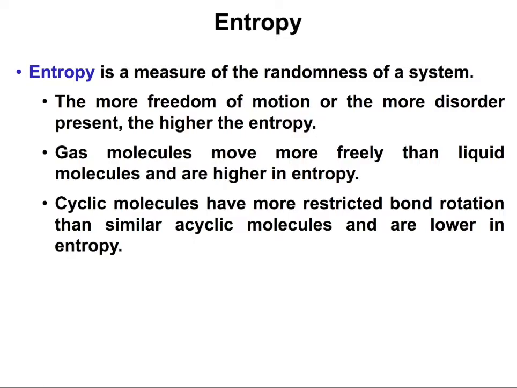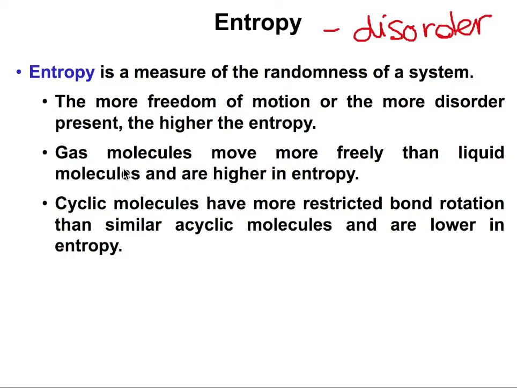So we talked about enthalpy, we talked about delta G, and now we're going to talk about entropy. Entropy tells us about the degree of disorganization of a system. We often talk about entropy as a measurement of the randomness of the system. So you can also think about it as disorder, right? So that's a word that we're going to use, disorder.